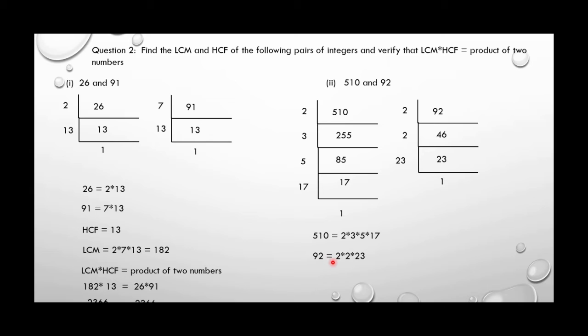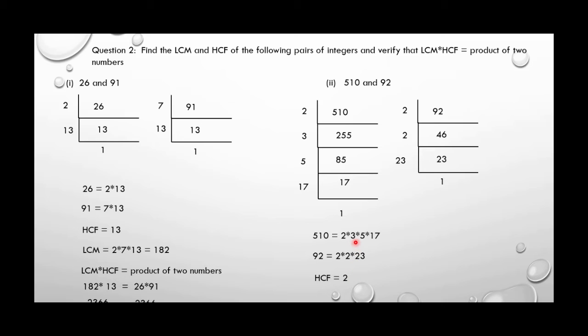Now in order to find the highest common factor, that is HCF, we need to look for the common term in both 510 and 92. Therefore, we have 2 as the common factor in both of them. Therefore, the HCF of 510 and 92 is 2. Now in order to find the least common multiple of these two numbers, we need to multiply the numbers that are left over with the HCF.